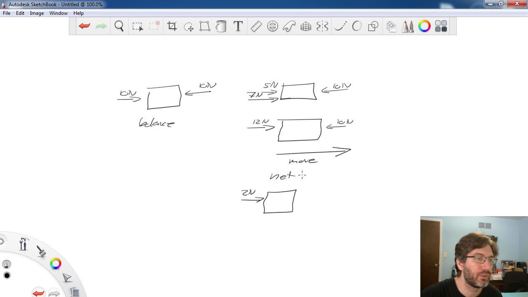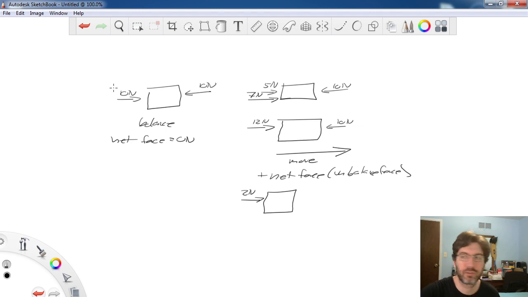This would also be an unbalanced force, and we have a positive net force. This here has a net force as well, only it's 0, because they will cancel each other out, they're going in opposite directions.